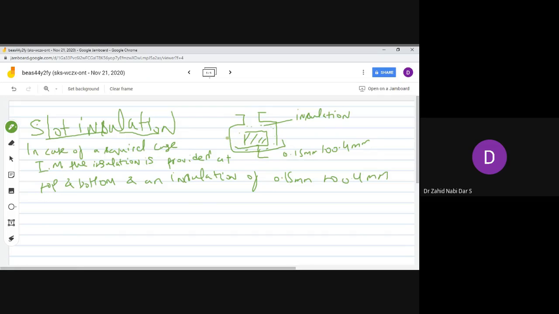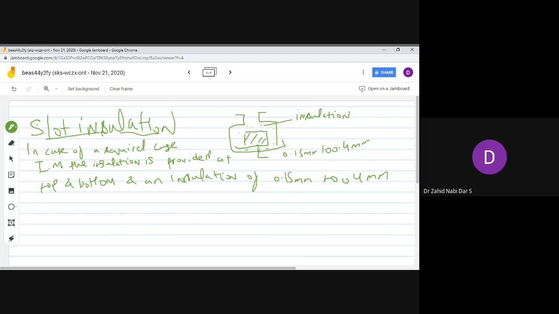Now we have to understand what the end ring is. The stator winding of a three-phase induction motor is a three-phase distributed winding, and it produces a rotating magnetic field.